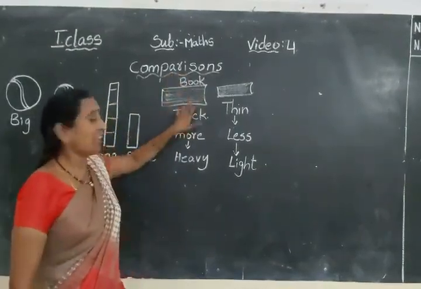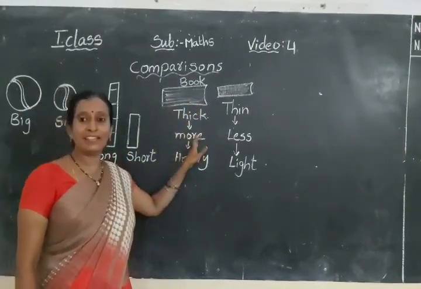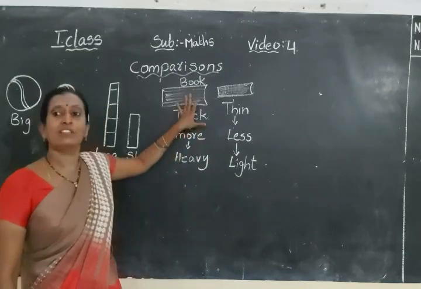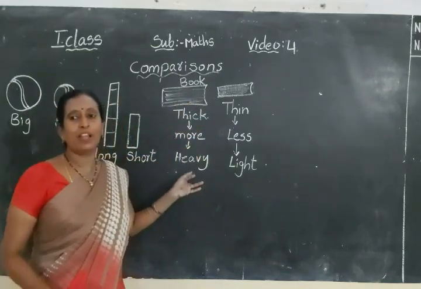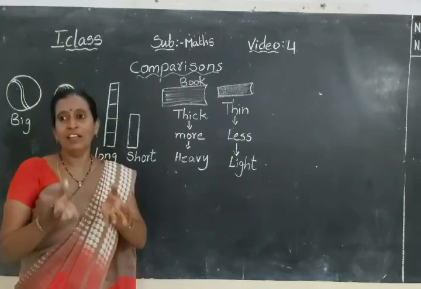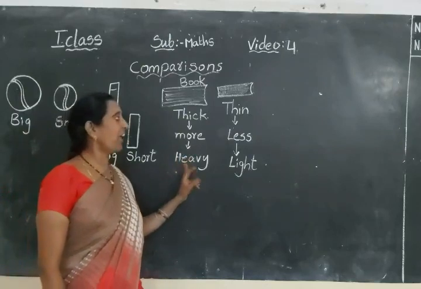Now answering. This is a thick book, because this book has more pages. So this book looks thick, and it is heavy, which means the book with more pages will have some weight. So heavy.